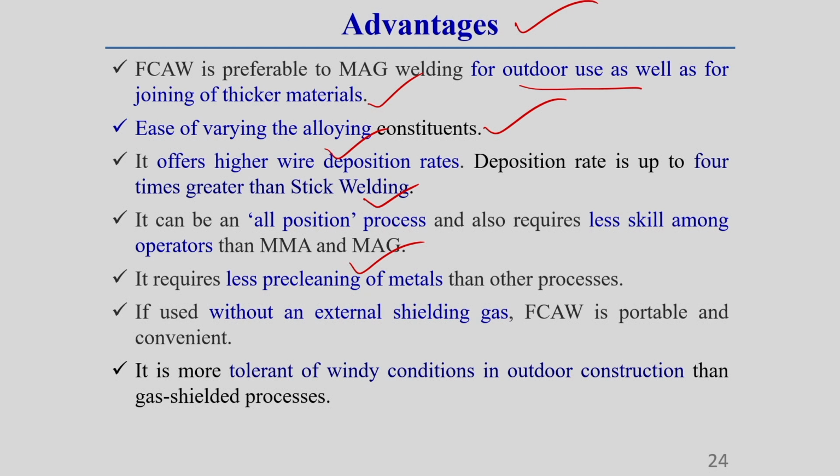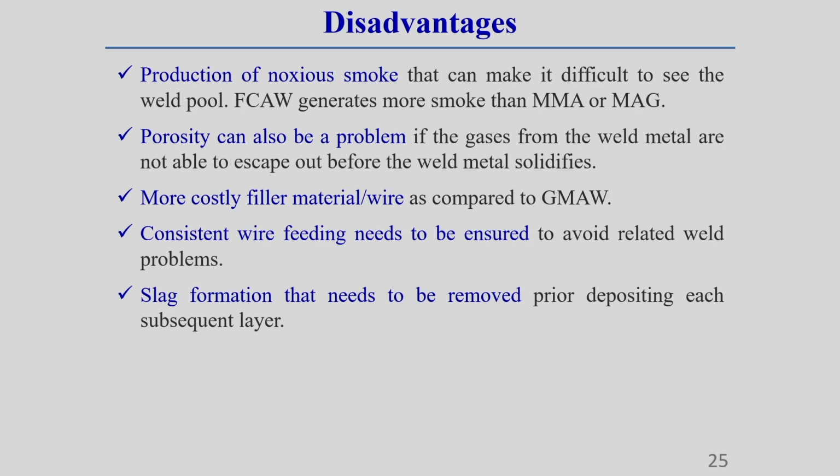It requires less pre-cleaning of metal than other processes, and if you use it without an external shielding gas, flux core arc welding is portable and a very convenient welding process.